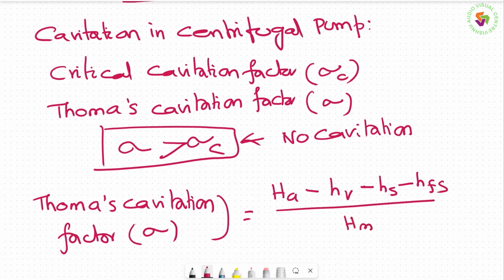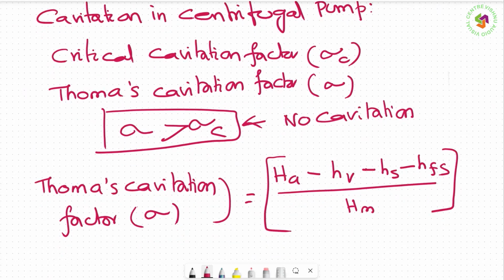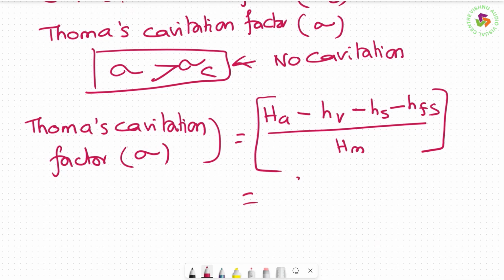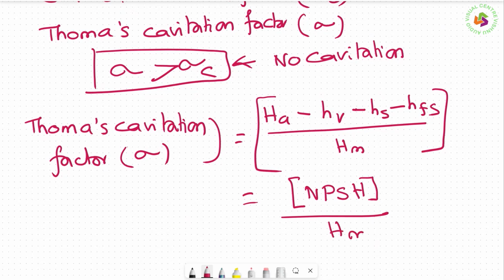The entire numerator is nothing but NPSH. So sigma is equal to NPSH divided by the manometric head.